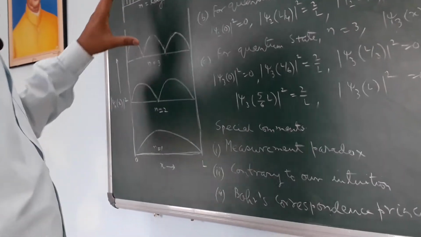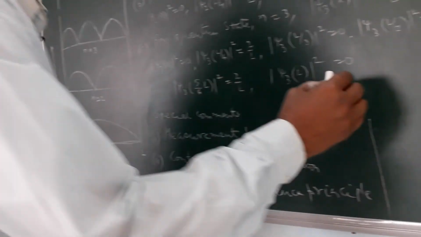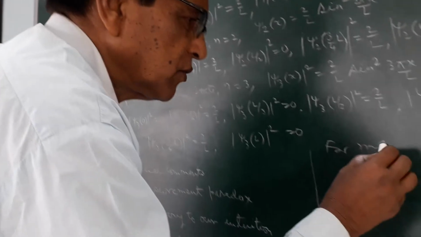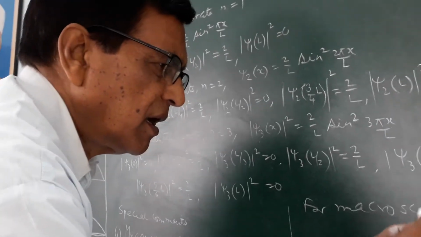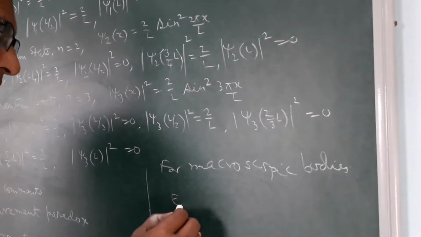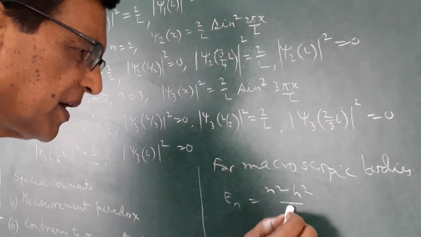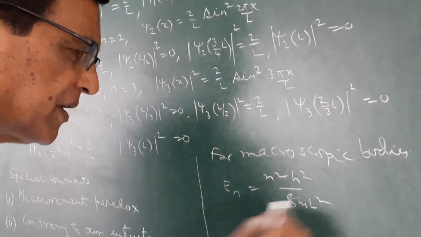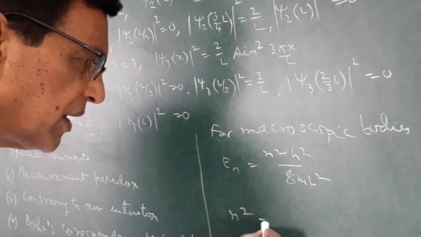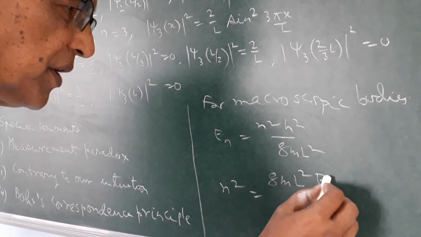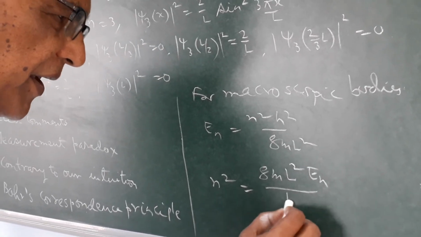Again, for macroscopic bodies, En equals n square h square divided by 8 m l square. So n square equals 8 m l square into En divided by h square.